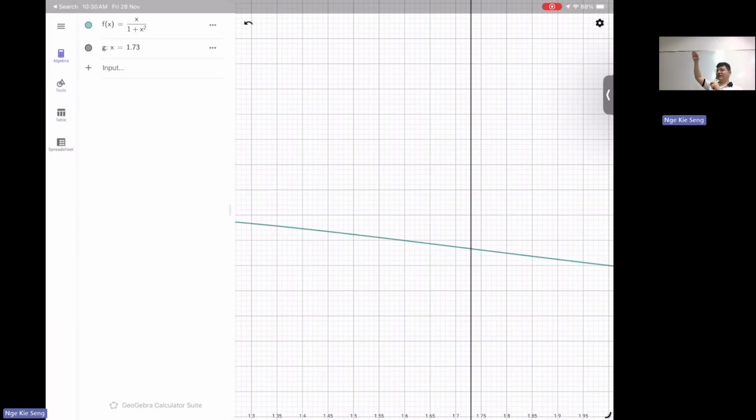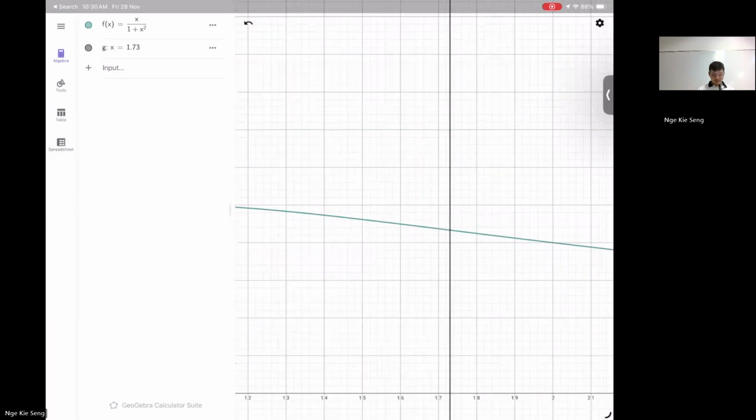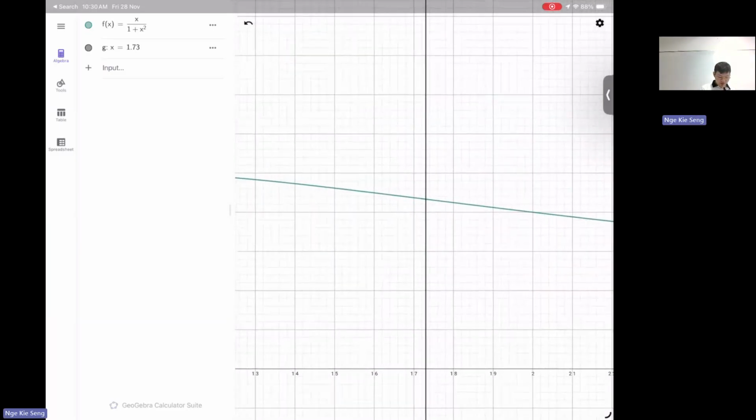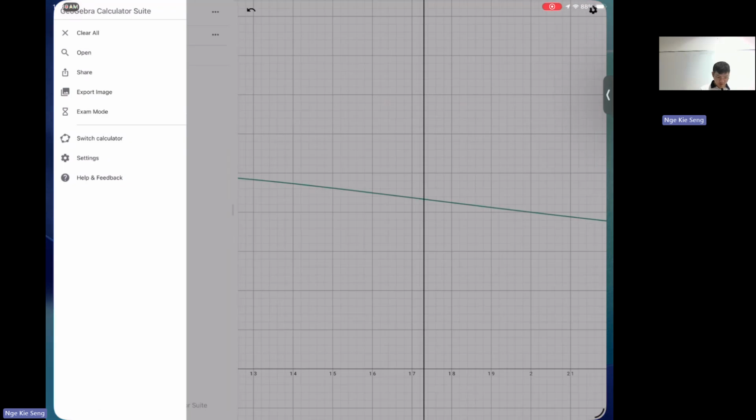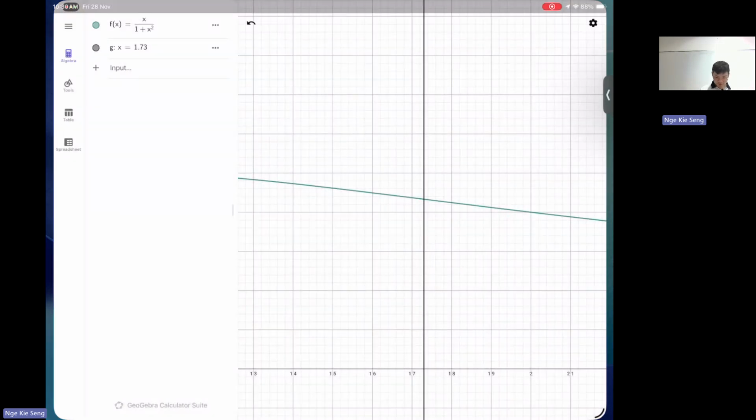So can you see a big curve from the top and then a curve below at the bottom? Can you see or not? Maybe I'll screenshot it and then draw it and let you see.